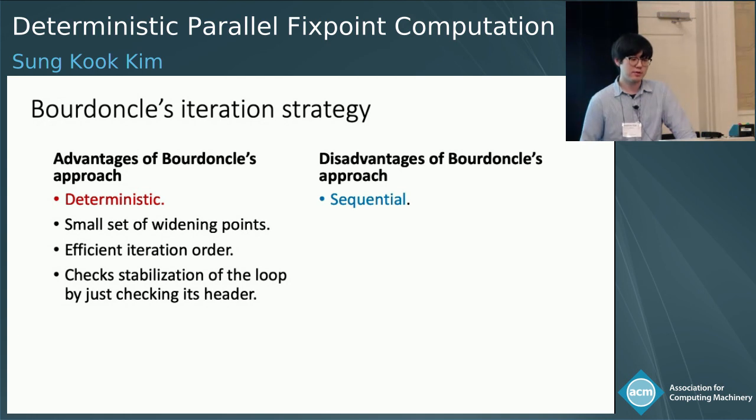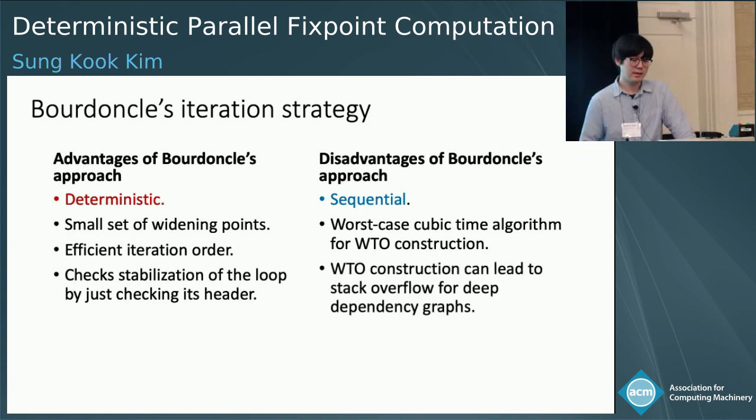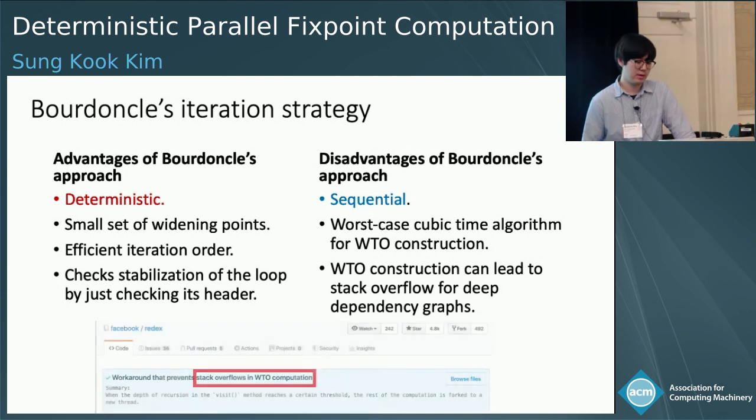The disadvantages are, however, that it is inherently sequential. As you saw, it only allows you to write the total order of the graphs. Also, the WTO construction takes, in the worst case, cubic time, and it can lead to stack overflow for deep dependence graphs because the algorithm is presented in a recursive way.